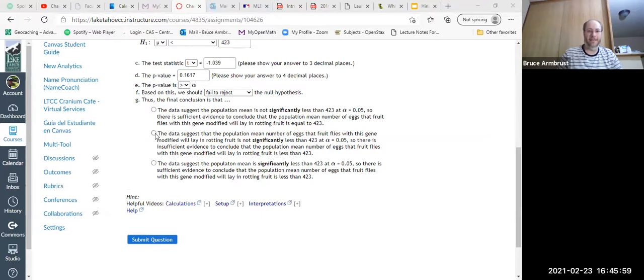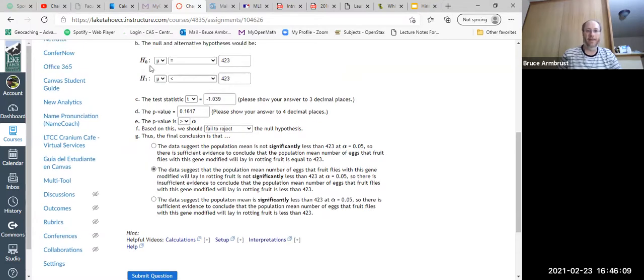Well, it's the second one. Because look at what the first one is. It's saying there's evidence that it's equal to 423, that this hypothesis is correct. So that's the, hey, Kira, you're right. But that's not the way we phrase it.